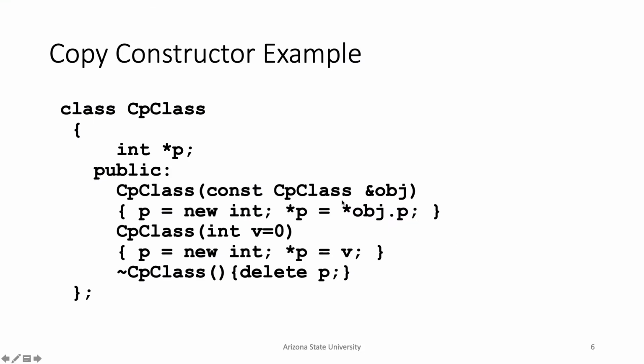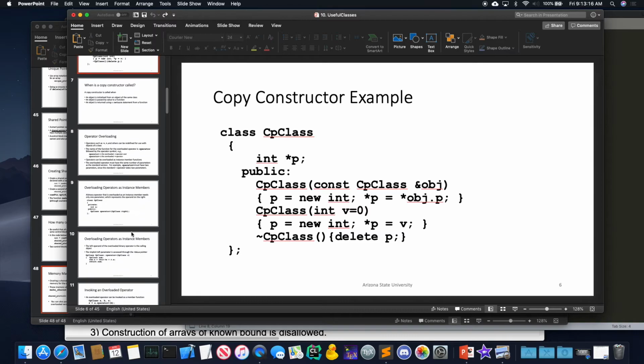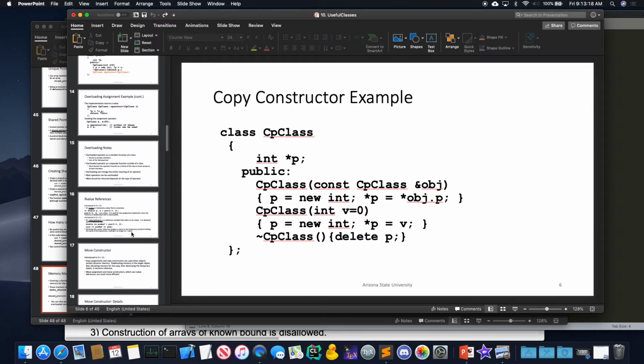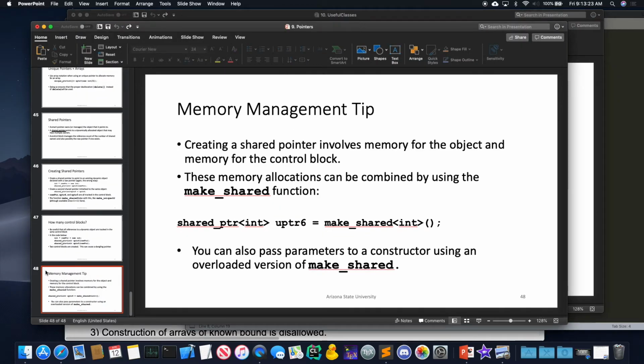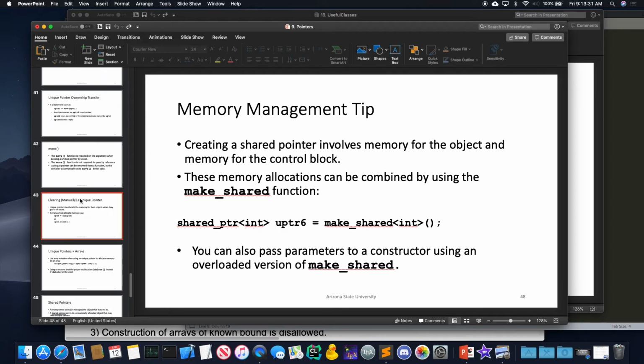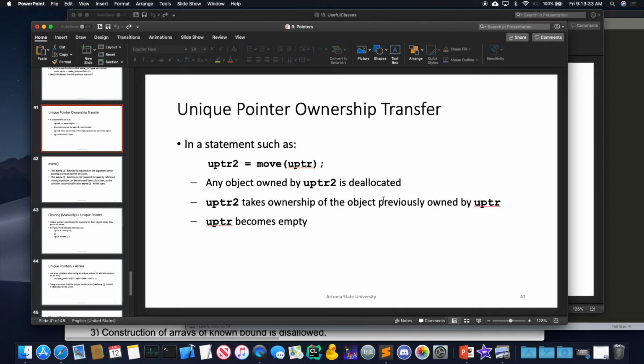If we look at this example right here, there are now two constructors, one of which is a copy constructor. Let's see, where are we in the slides? It's so far away. I'm going to go back to the pointer slides for a second. Think about the move part right here. I'm going to tell you right now, this calls a move constructor.